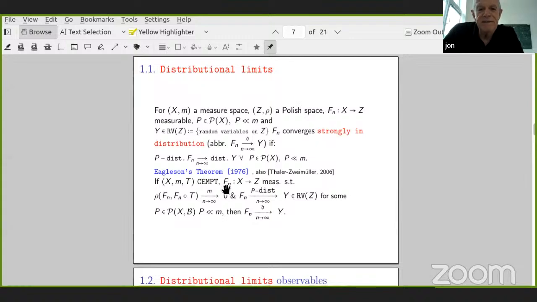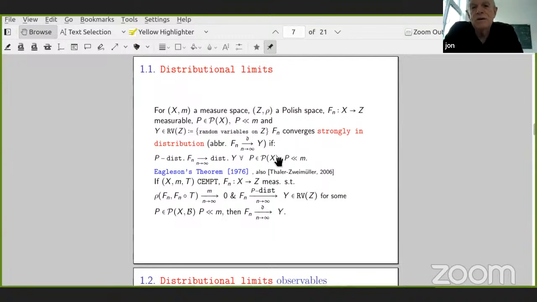So if I take Fn, an observable like this into Z, and I suppose that the distance from Fn to Fn composed with T tends to 0 in measure, that means with respect to absolutely continuous probability measures. And Fn tends in P-distribution for some absolutely continuous P, then it converges for all. The idea is that I choose a bounded continuous function g on Z. I look at g of Fn, which is a bounded function in L infinity.